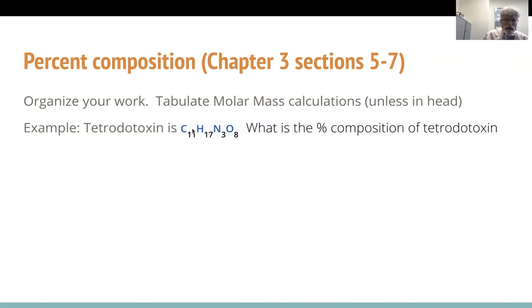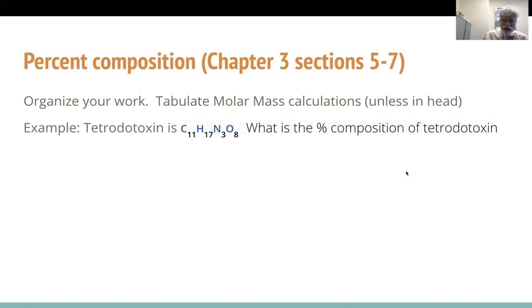In other words, what percentage of the mass of this compound is carbon, what percentage is hydrogen, what percentage is nitrogen, what percentage is oxygen. Now, this is percent by mass. If we were looking at percentage by number of atoms, then obviously hydrogen is the most abundant, carbon next, oxygen, then finally nitrogen. But in fact, it's always with respect to the mass when we say percent composition.